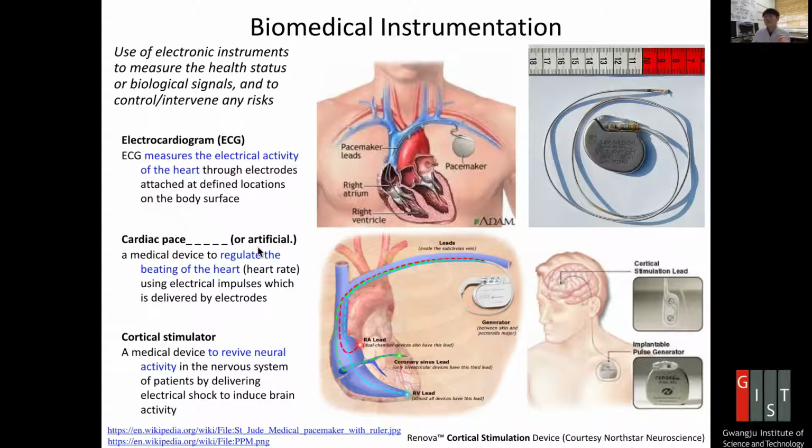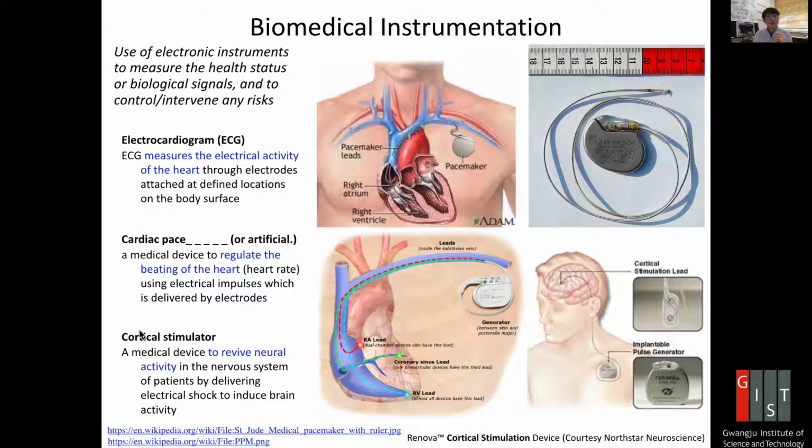This is a medical device to regulate the beating of the heart. Of course, heart rate can be regulated by sending electrical impulses, which are delivered directly through electrodes inside the heart muscle. And another example is called the cortical stimulator.